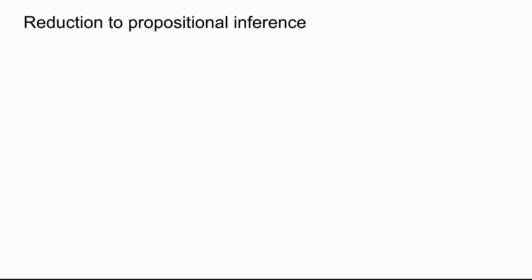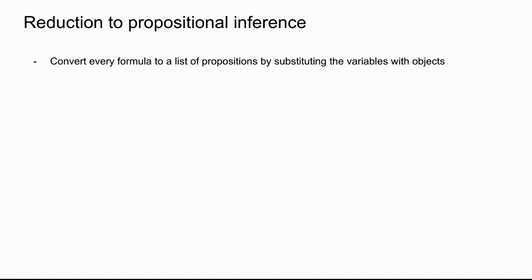So a very simple way of doing inference in first order logic is to reduce your statements, or whatever you want to infer, to propositional logic. This is the most basic and the simplest way of doing inference.